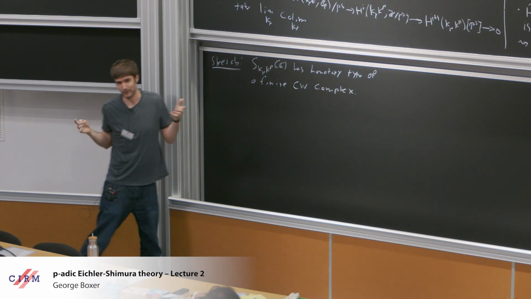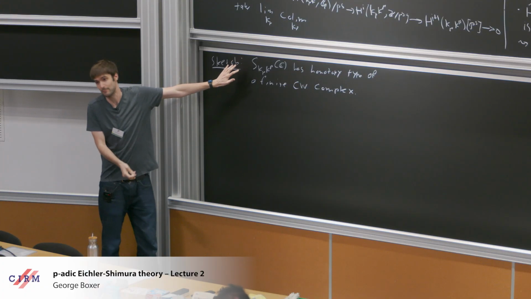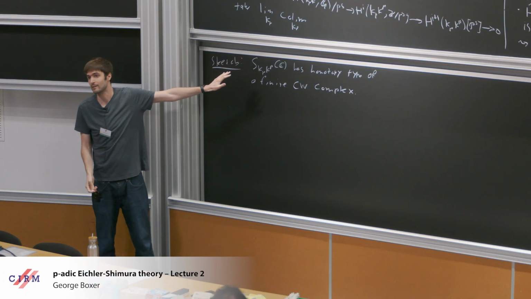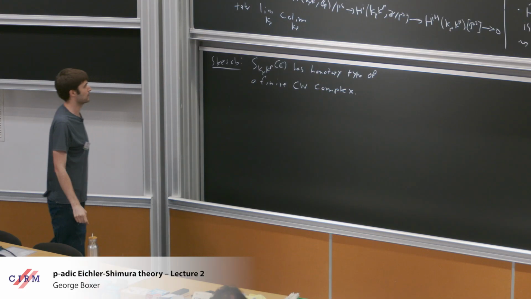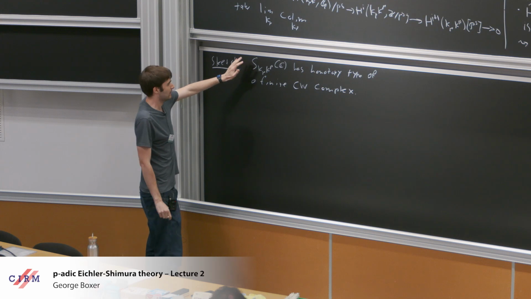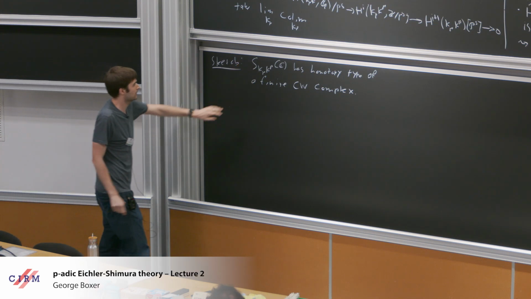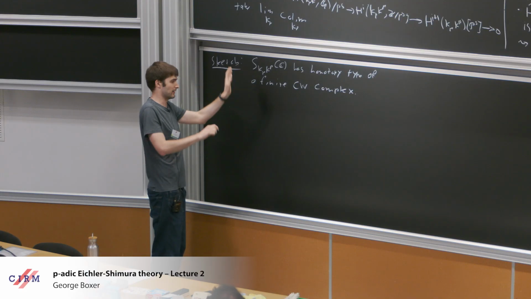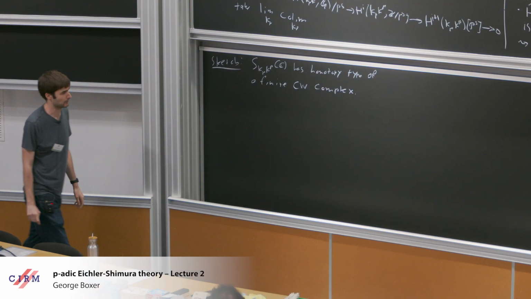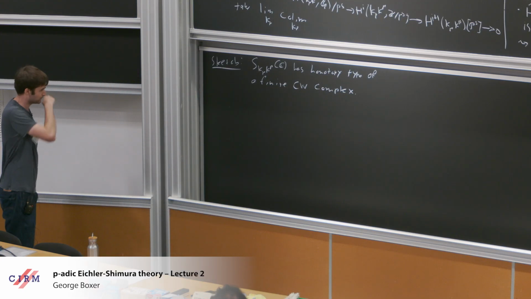There's a couple of ways to understand this, none of which I'm really going to explain. For one thing, it's the C-points of an algebraic variety, and it always has the homotopy type of a finite CW complex. Maybe another way to see this is by using the reduction theory of arithmetic groups and the theory of the Borel-Serre compactification. But one way or the other, you see this, and now we're going to use it.